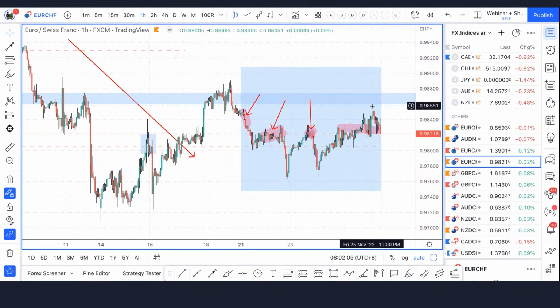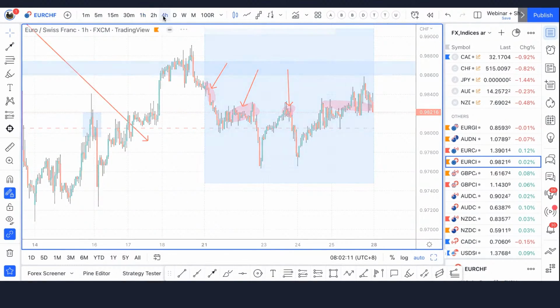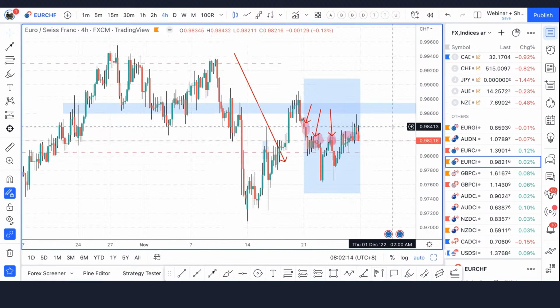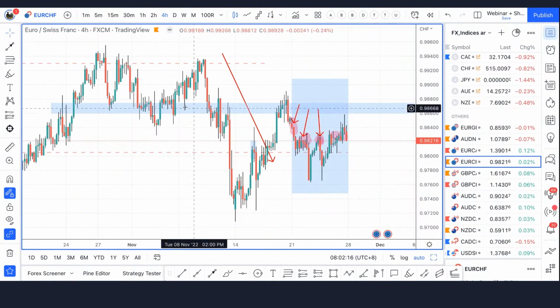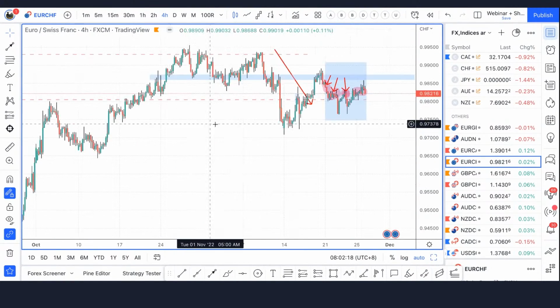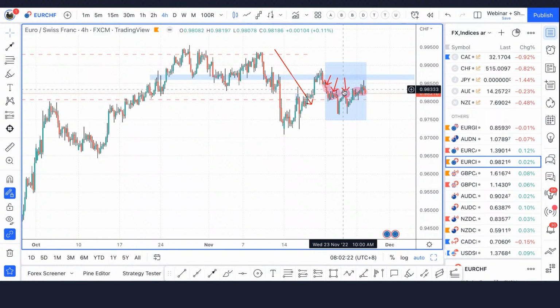So for this pair, moving on, I will still continue to monitor and look at how it plays out over the week to come. I do see quite a significant resistance zone over here. As you can see, every time it comes up to this zone, it will reject downwards.